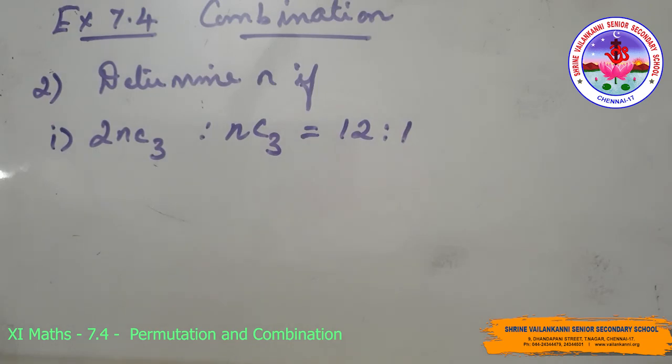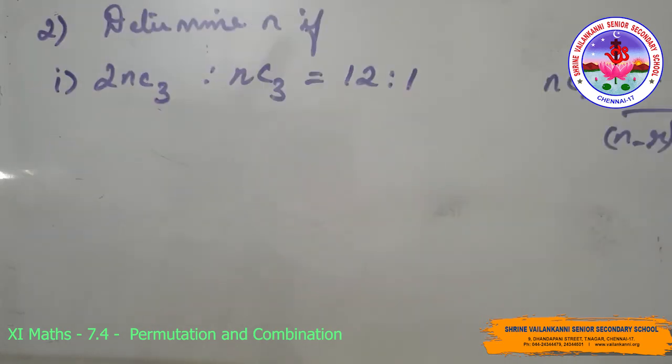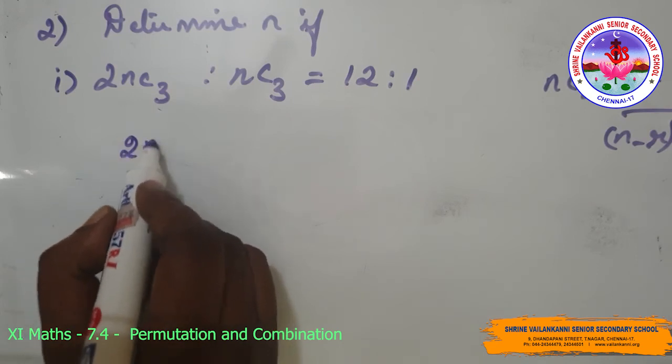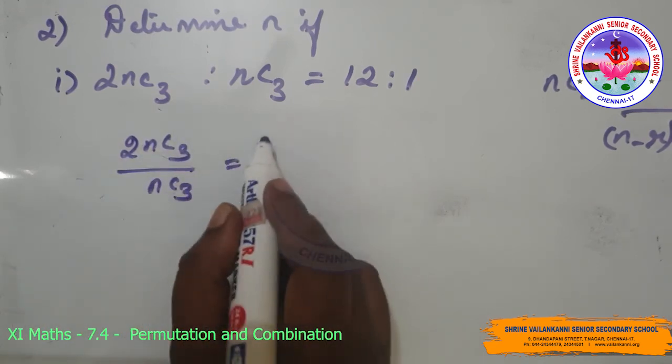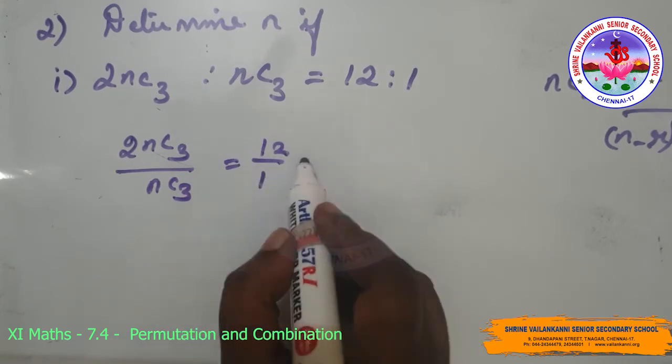So second one: determine n if 2nC3 is to nC3 is equal to 12 is to 1. So we write the ratio as 2nC3 by nC3 equal to 12 by 1.